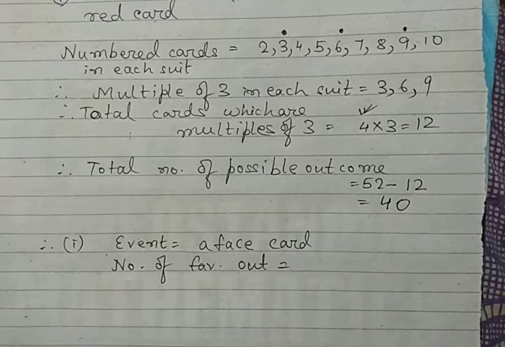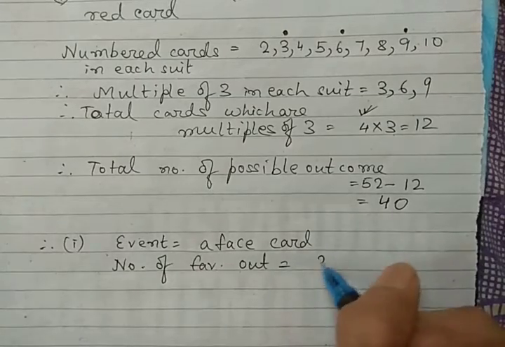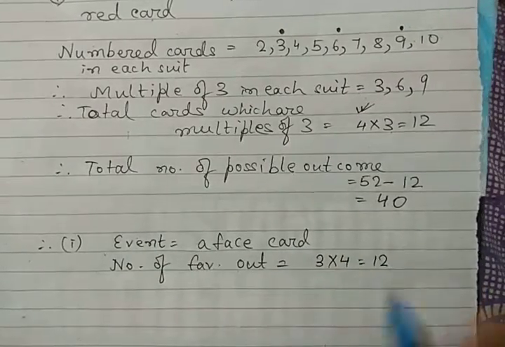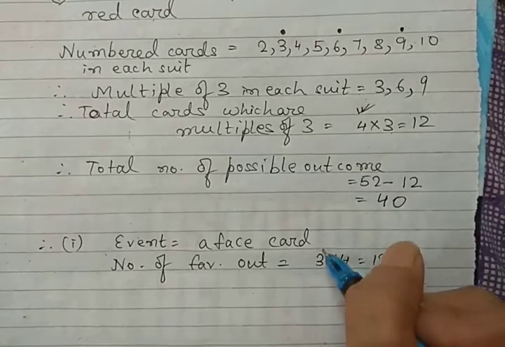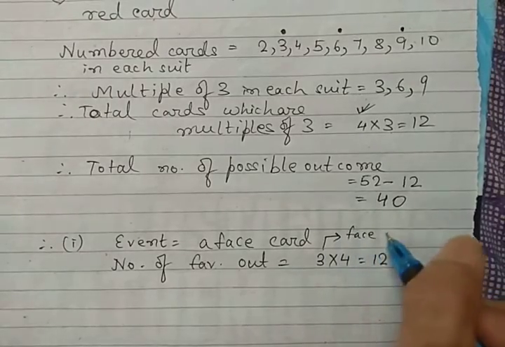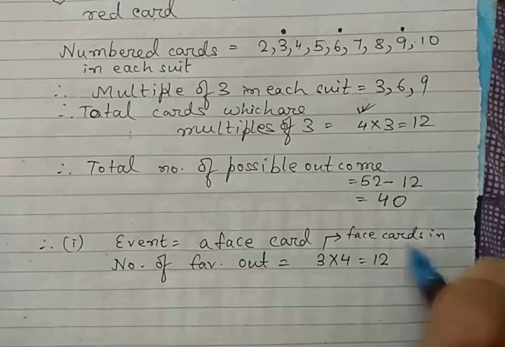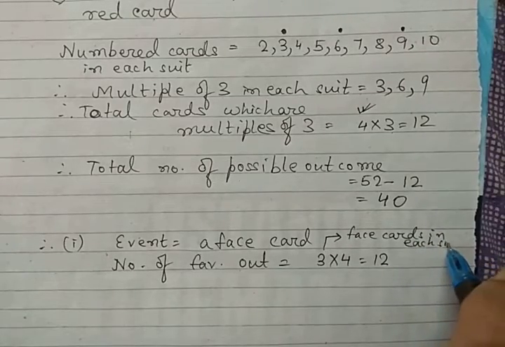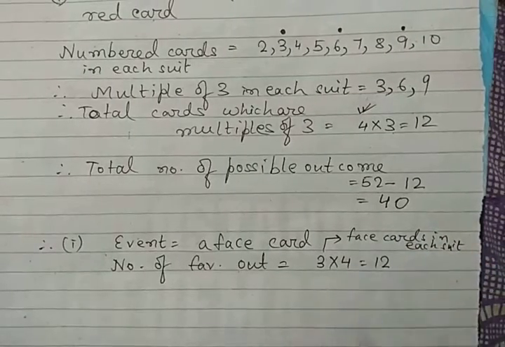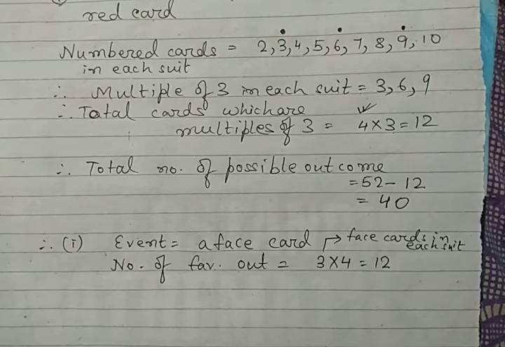There are 3 in each suit. There are 4 suits. Therefore the total number of favorable outcomes is 3 into 4, 12.